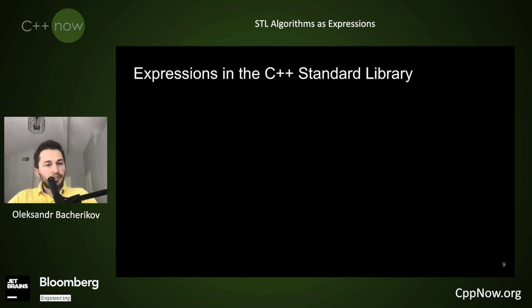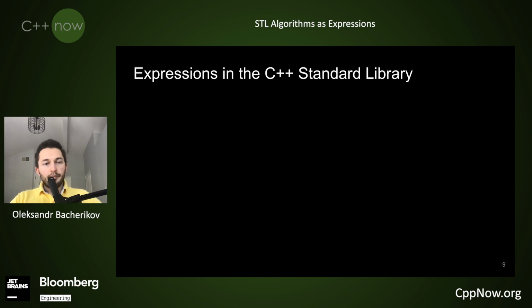Now, the interesting question is, are there any expressions in the C++ standard library? And yes, I'll use the expressions and expression templates interchangeably. And remember, they were invented 25 years ago.